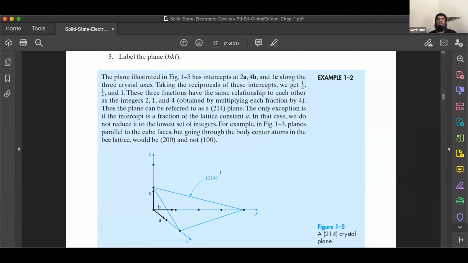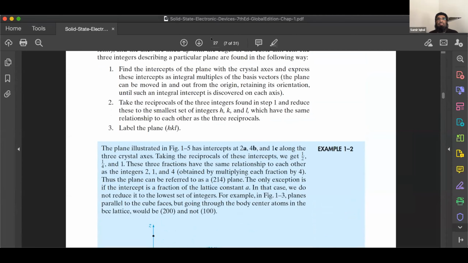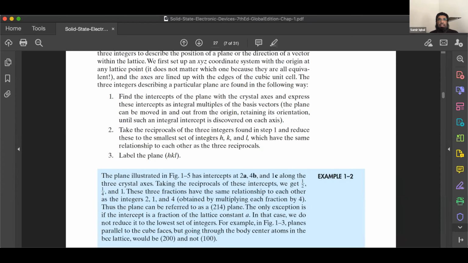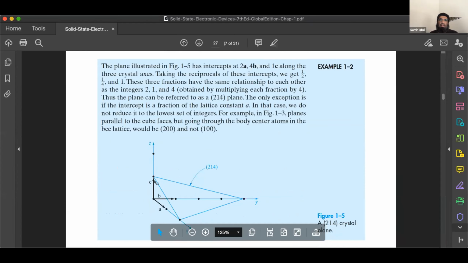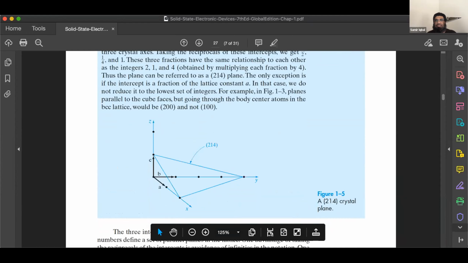So what is the Miller indices of the plane? Here are 3 steps given. We find the intercept, take the reciprocal of those, and then reduce it to the smallest number of integers, which is shown here. So we got the plane, and first step we said, okay, let's find out the intercept.